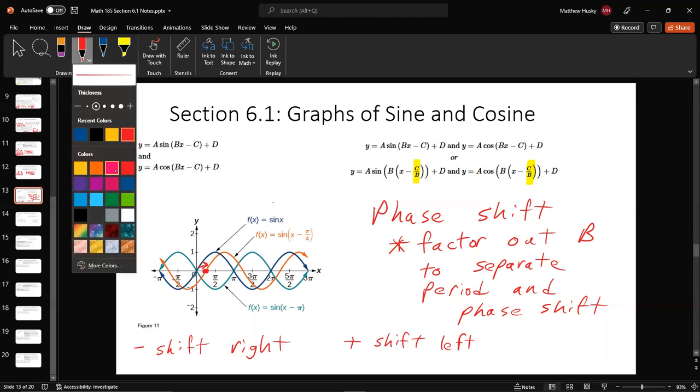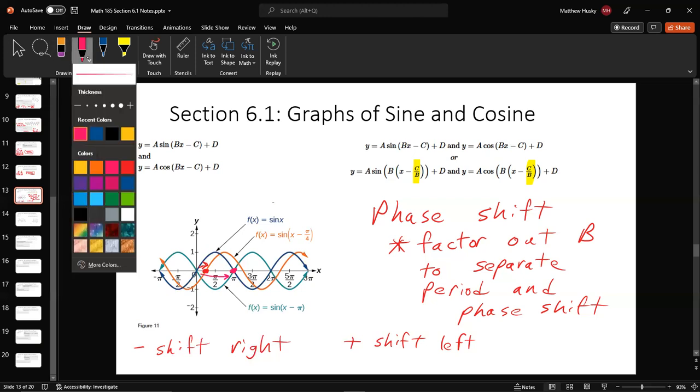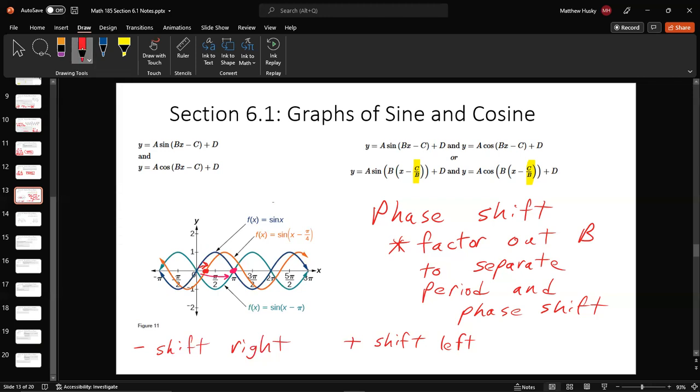So that one, maybe we'll do it in pink. So that one's being shifted all the way over by pi. And so the center value is now scooted over that far. But that is the phase shift. And so you're basically moving the graph, you're sliding it side to side, either to the left or to the right.